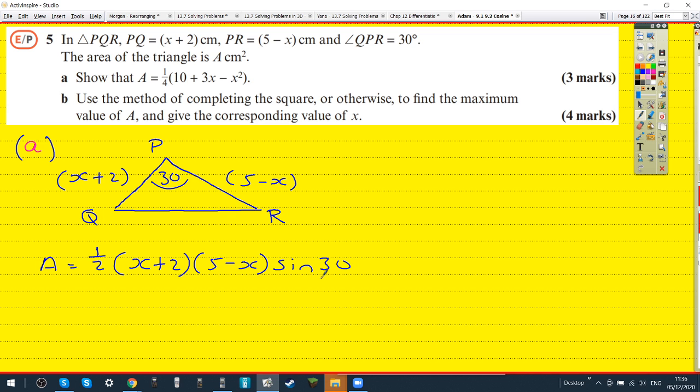And then could you multiply the brackets first together? Yep. Okay.